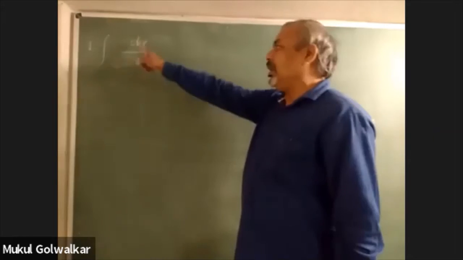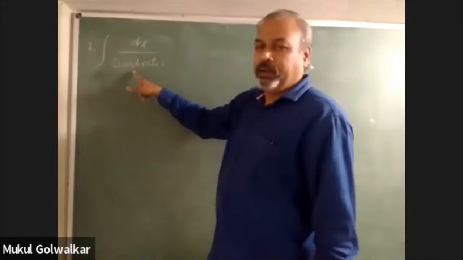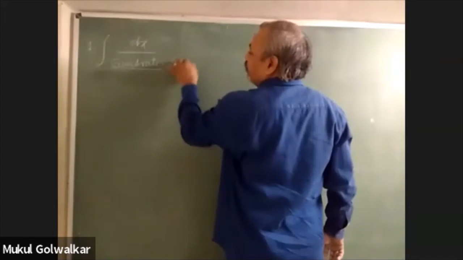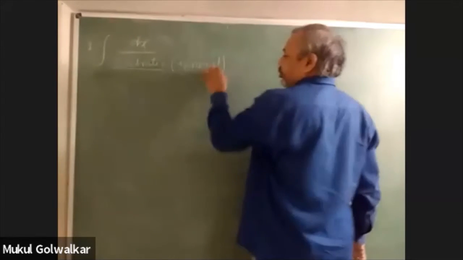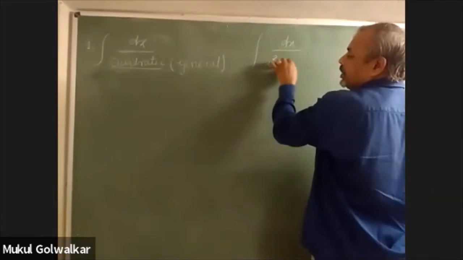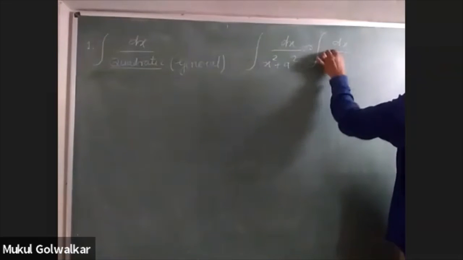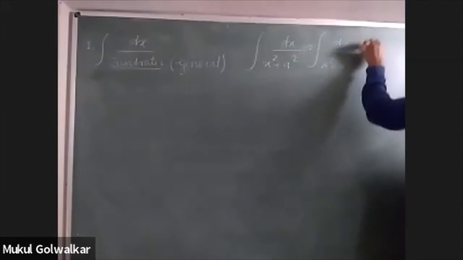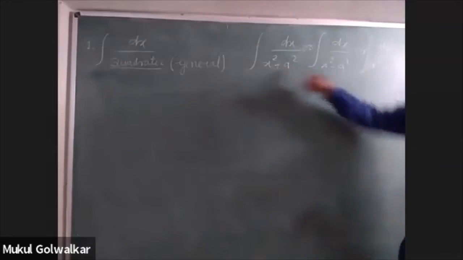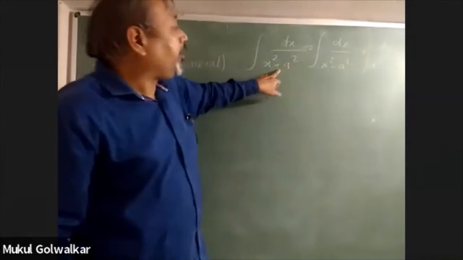Now when we integrate a question like dx upon a quadratic, I mean the general quadratic in the denominator. Otherwise, if I write dx upon x square plus a square, or dx upon x square minus a square, or dx upon a square minus x square, all three functions in the denominator are also quadratic, but they are called pure quadratic.